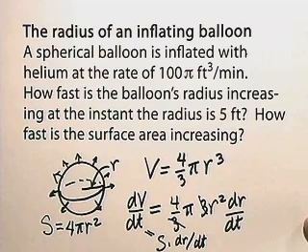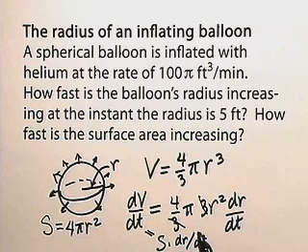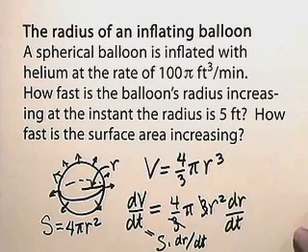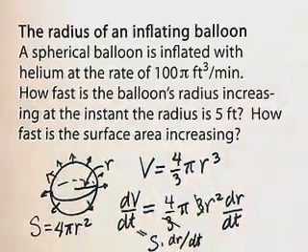So now we can easily calculate from our information what the various quantities are. For instance, what do we know? We know dV/dt because we're given the rate that helium is increasing the volume of the balloon. That's 100 pi cubic feet per minute. We're also given the radius of the balloon at the instant we're interested. That's 5 feet. So let's write down our basic information then.